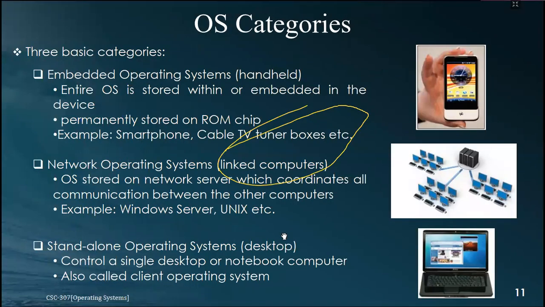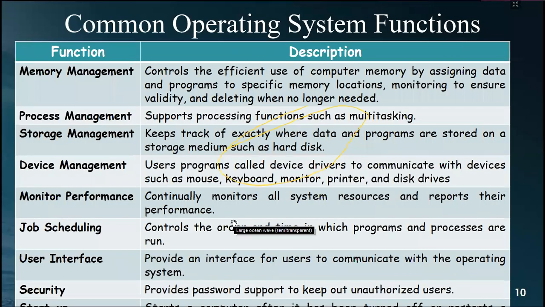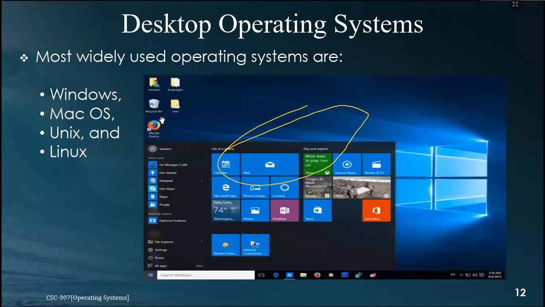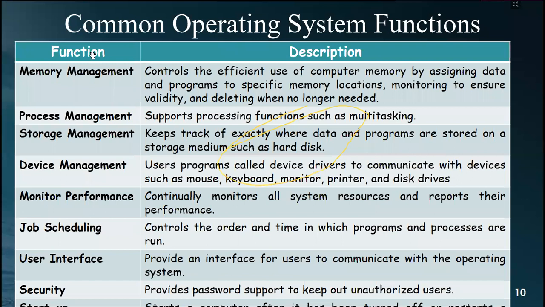Now, what are the categories? These are some other functions of the operating system in detail. The operating system works with memory management, process management, storage management, device management, performance monitoring, job scheduling, user interface, security, and startup. This is still the beginning of the course.